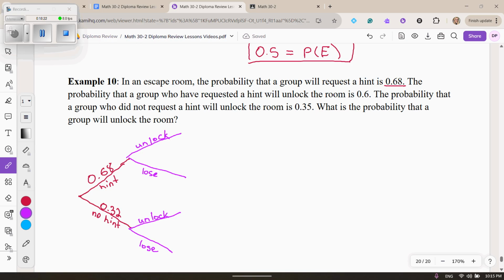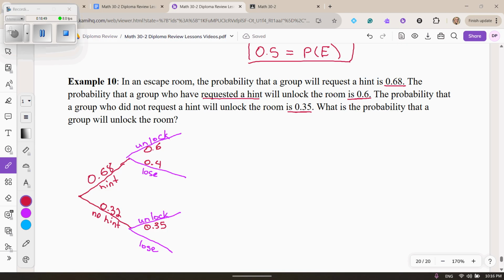Okay, so it says that if they have requested a hint, it will unlock 0.6. So 0.6, which means 0.4, they still lose. And then the probability a group who did not request a hint will unlock the room is 0.35. So 0.35.